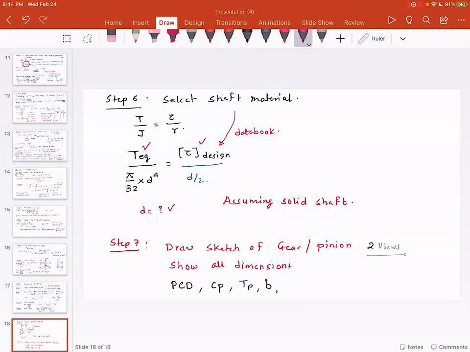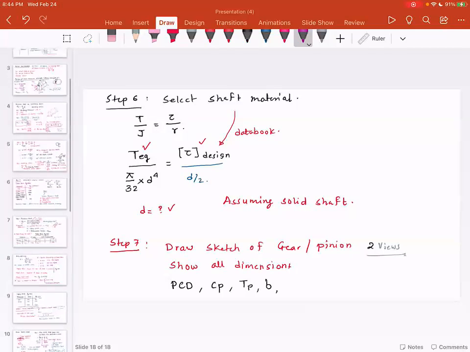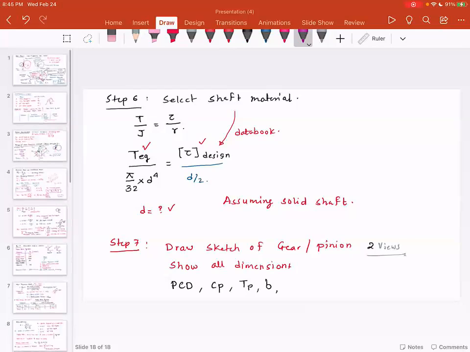Spur gear design is the basis of helical gear design. When we design the helical gear, we'll convert it into an equivalent spur gear and design that gear. So I want you to make yourself familiar with this gear design process, and I will work out the problem in the next class. At this point, if there are any questions, I would be happy to answer.